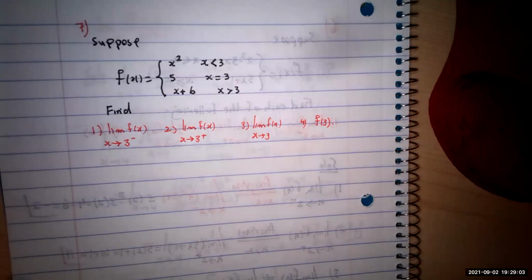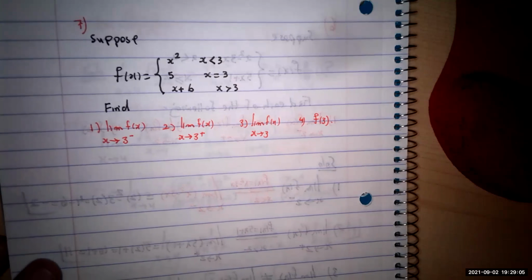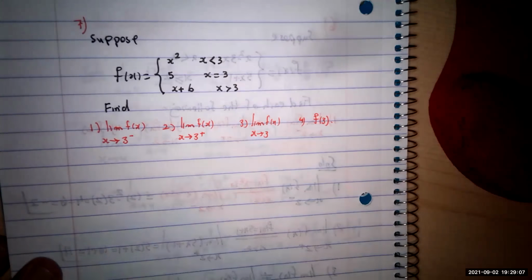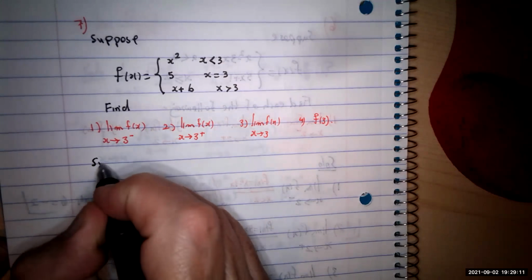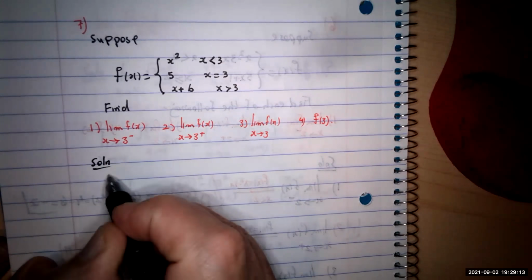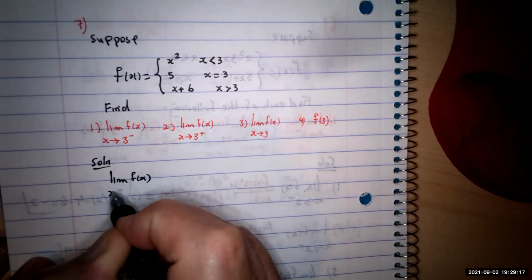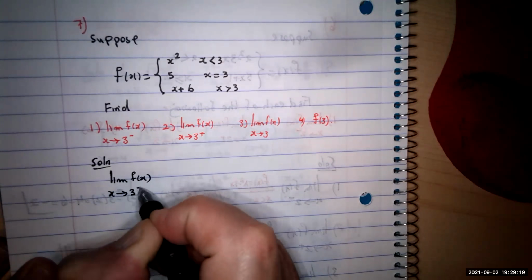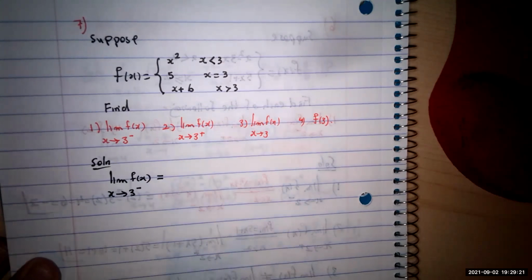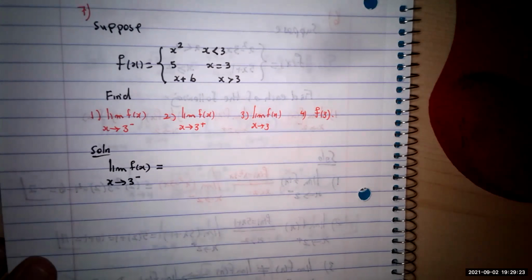Are you ready? For each part, you read the function, you bring the proper function, you substitute to get the result. So the solution is going to be, limit of f of x when x goes to 3 negative is equal to, now, again, x goes to 3 negative. What does it mean?